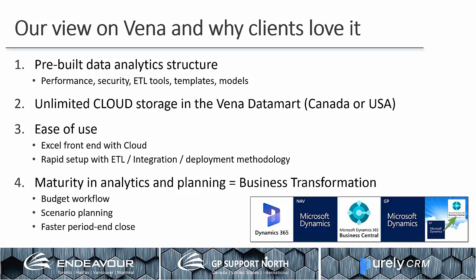You still have the budgeting workflows, the scenario planning, all of the reporting needs and modeling that helps you with period end close. And ultimately, as we're here today, the business intelligence and supporting your user community in making better decisions based on data, decisions based on trend lines in analytics to be bigger, better, faster versions of yourselves.